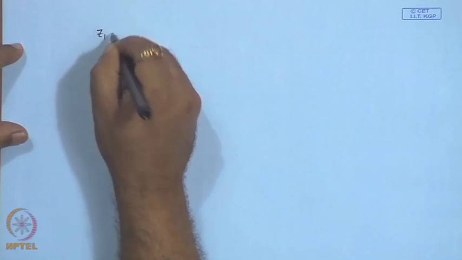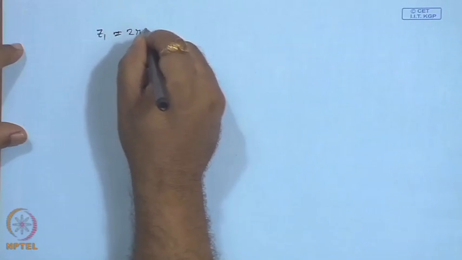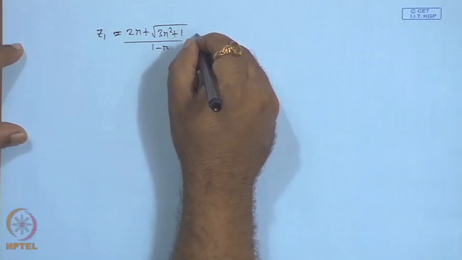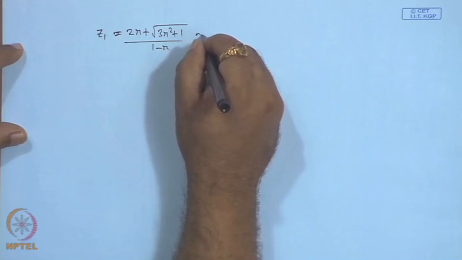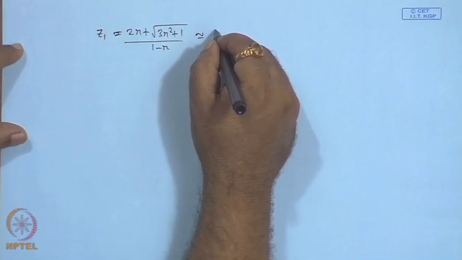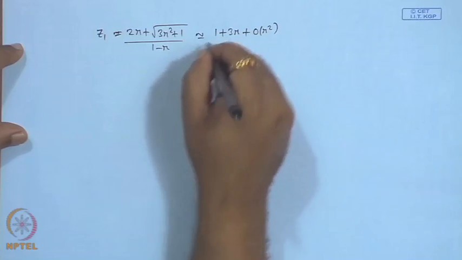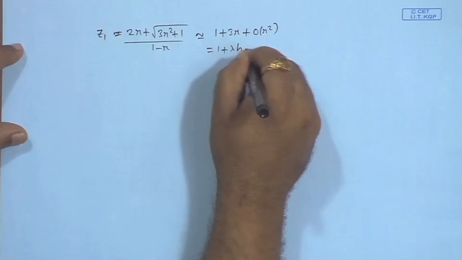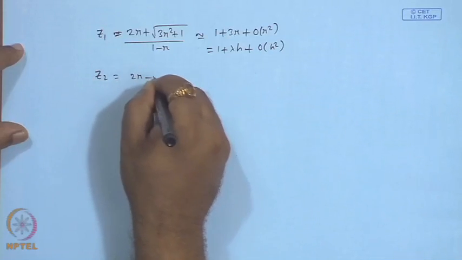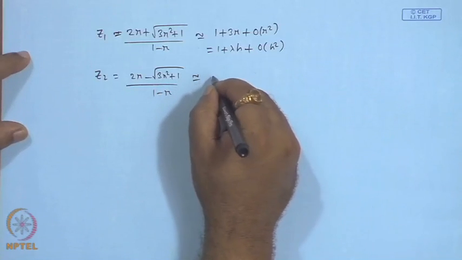Accordingly, Z1, so Z1 which is, so this can be written as this.